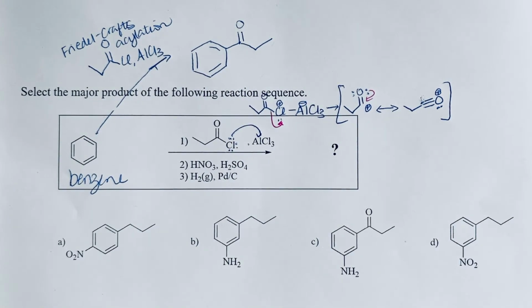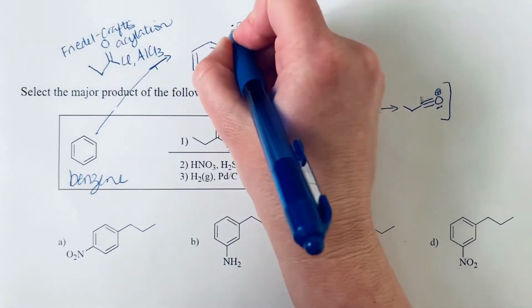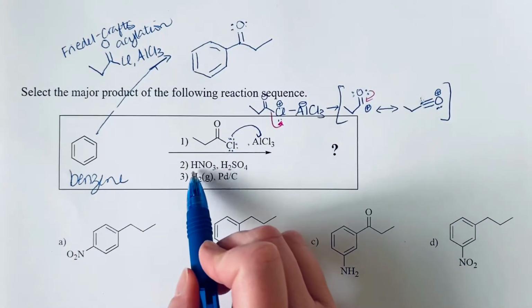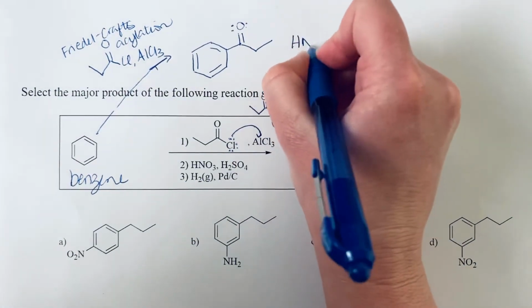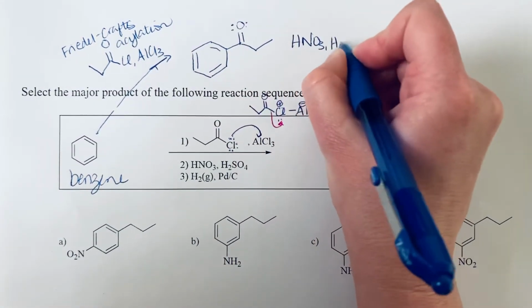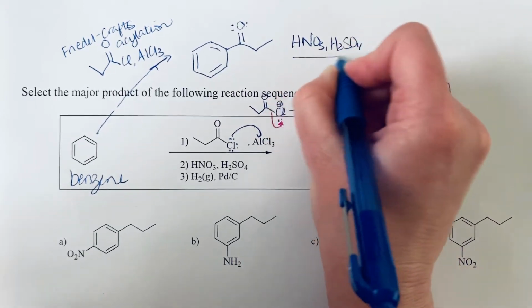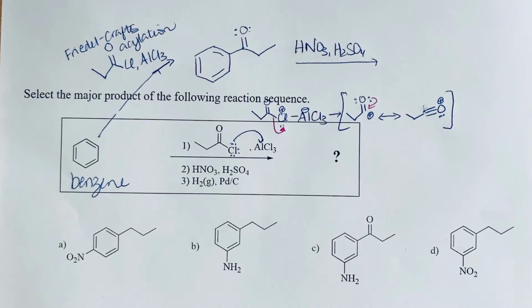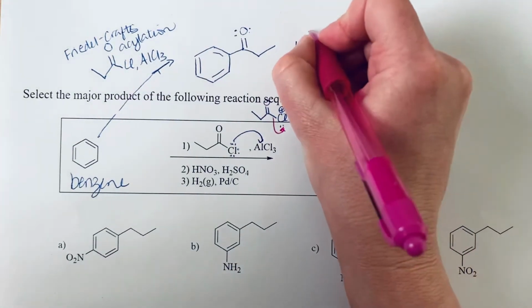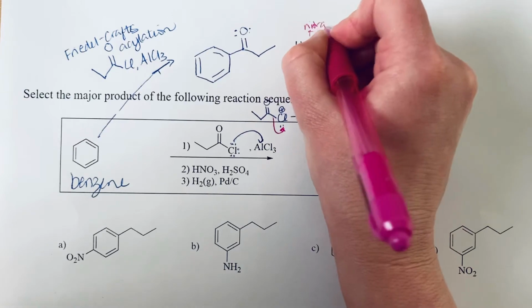Once we've got that carbonyl group on there, we want to think about what we're doing in the next step. We're mixing nitric acid and sulfuric acid, HNO3, H2SO4. This mixture of acids is definitely something you'd want to be careful with in the lab, but these are conditions for nitration.